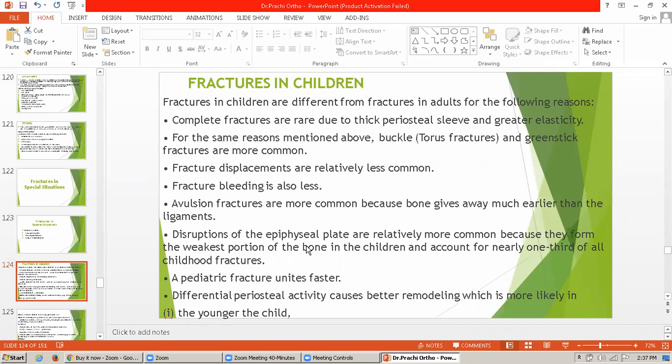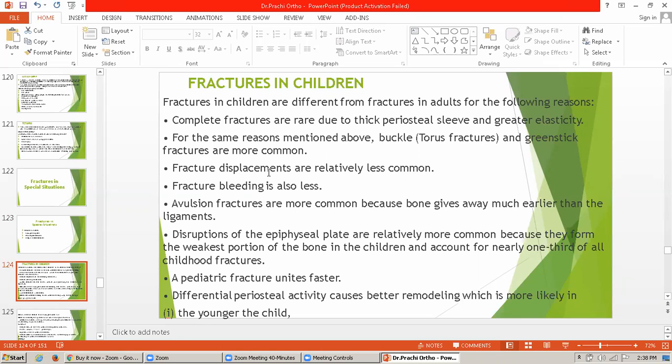Fractures in children differ from fractures in adults for the following reasons. Complete fractures are rare due to the thick periosteal sleeve and greater elasticity. For the same reason, buckle fractures, that is, torus fractures, and greenstick fractures are more common.